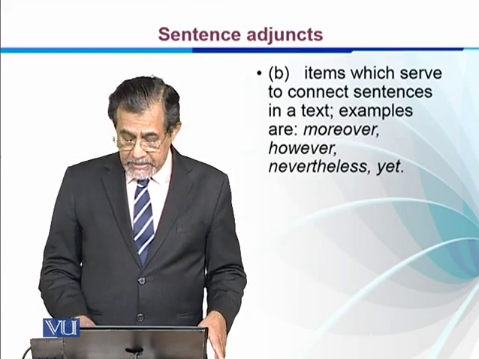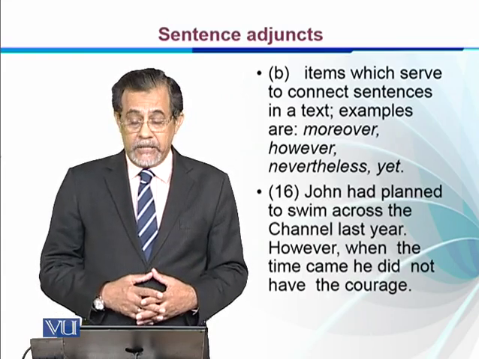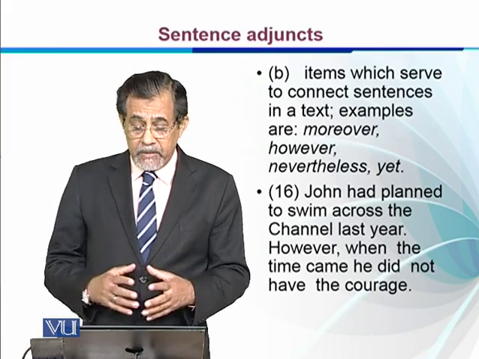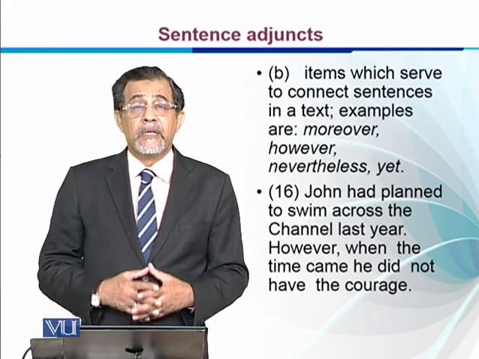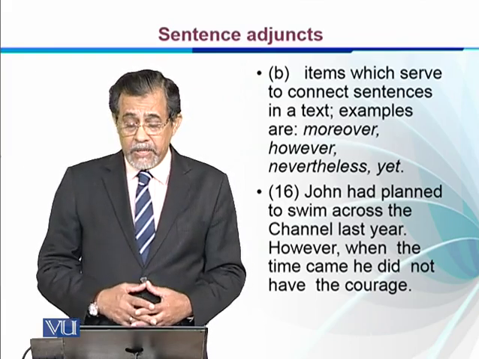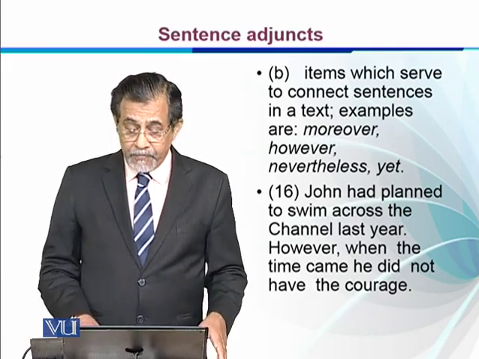So they connect. For example, John had planned to swim across the channel last year. However, when the time came, he did not have the courage. So the second thought contradicts the first one. So these are also peripheral elements.